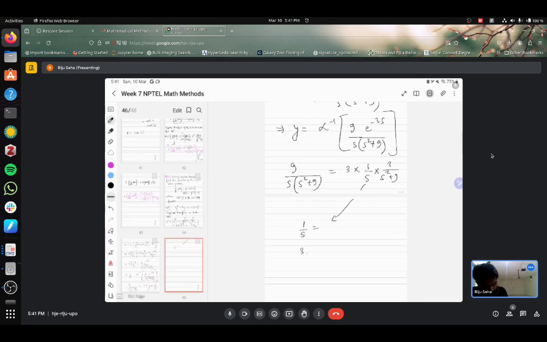And this is of which function? So 1 by s is the Laplace transform of 1, and this 3 by s square plus 9 is the Laplace transform of sine.